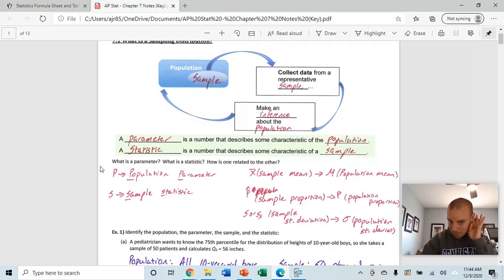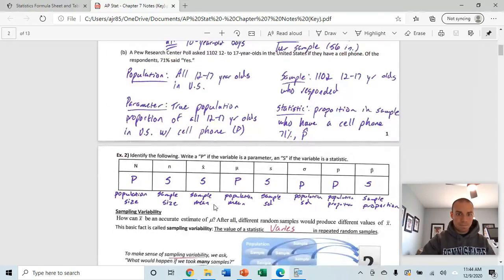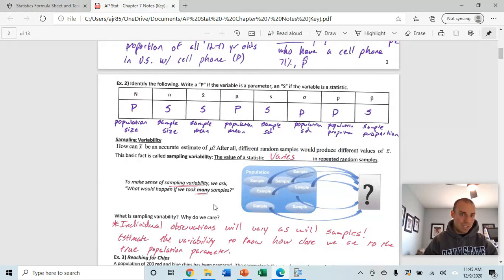The following two examples we'll do in class. Let's look here. Identify the following: write a P if the variable is a parameter and S if it's a statistic. If we go through the list, capital N represents your population size. That's a parameter. Lowercase n is your sample size. That's a statistic.